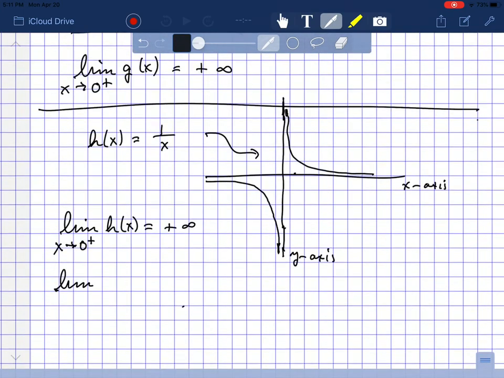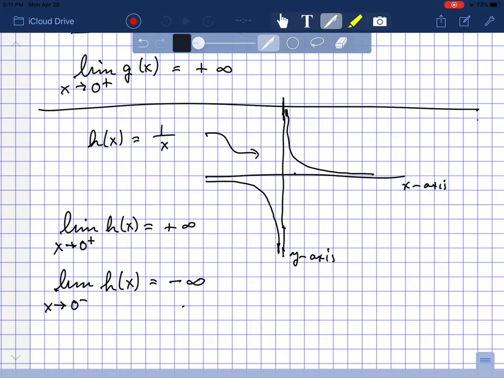But then things change a little bit. When x approaches 0 from the left-hand side, the values of h of x get smaller and smaller. They're becoming more and more negative, and so we write here that this limit is equal to minus infinity. And here we have an asymptote.